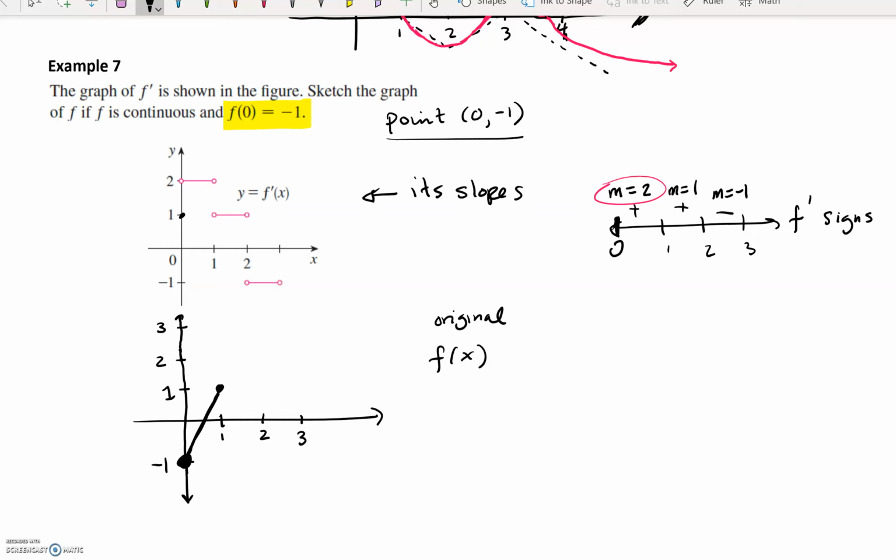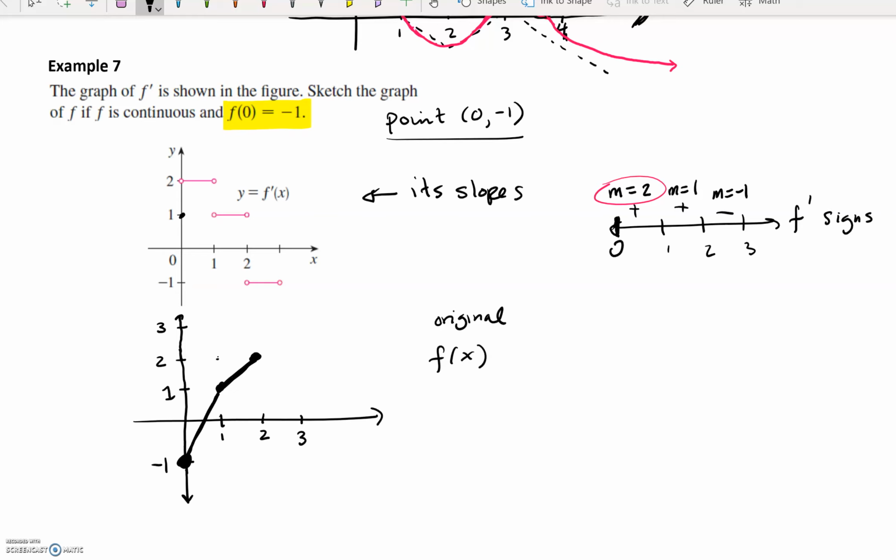Then between 1 and 2, the slope is always +1. So between 1 and 2, I'm going to go from here up 1 over 1. I'm kind of not drawing to scale, but you get the idea. Up 1 over 1. So the slope between 1 and 2 is a constant 1. So all these slopes between 1 and 2 are represented by this one derivative function.